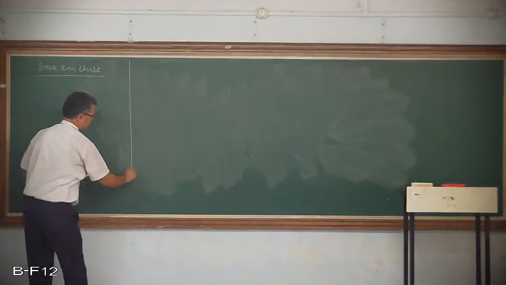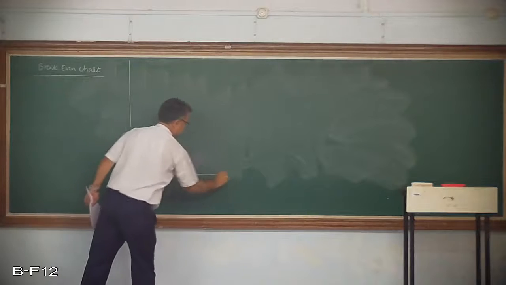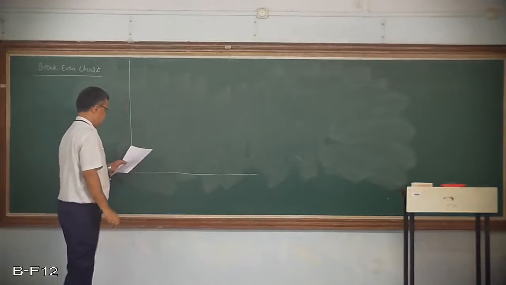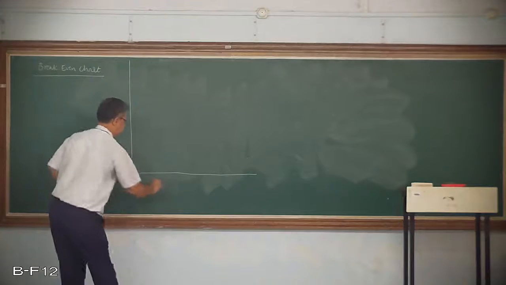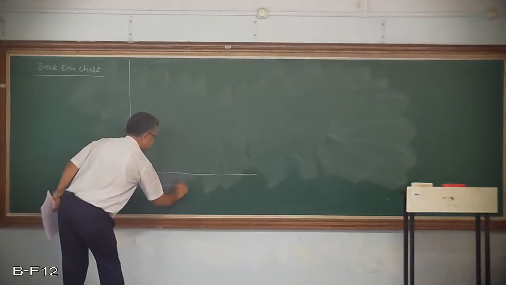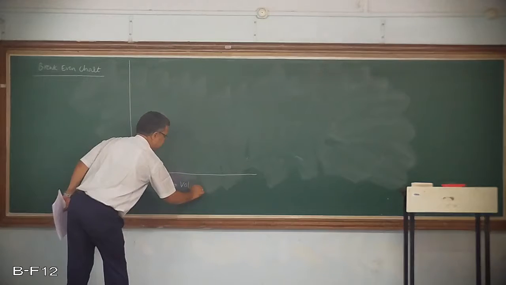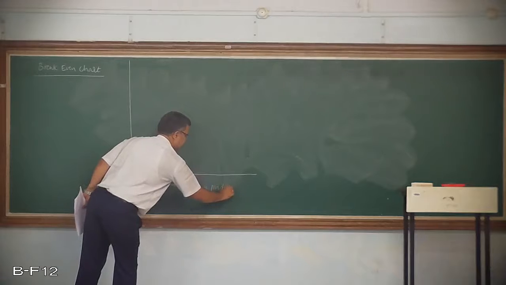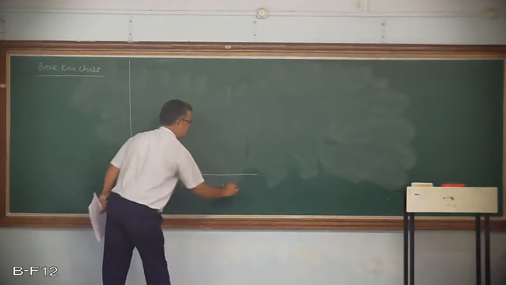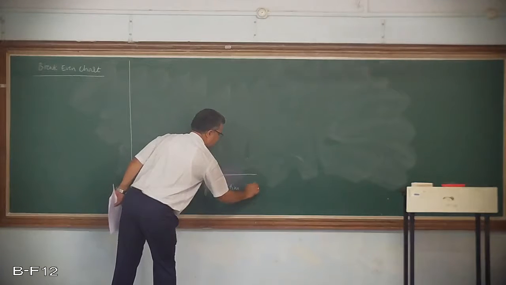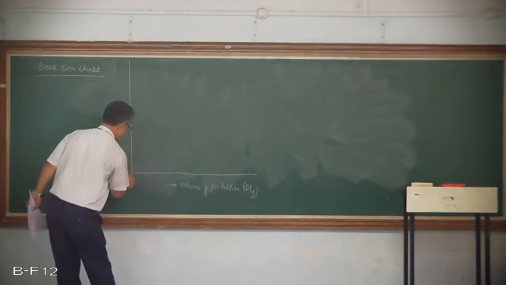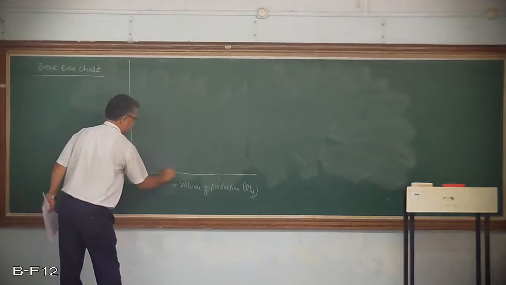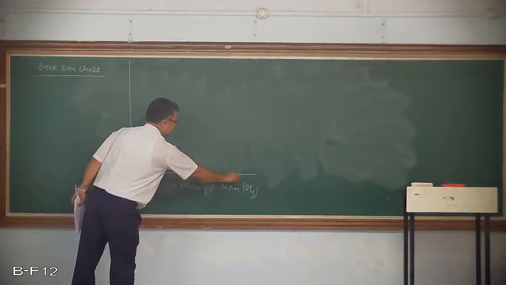So you draw two axes. Here you're going to show volume of production, nothing but quantity, 1, 2, 3, 4, 5, 6, 7, 8, 9, 10.